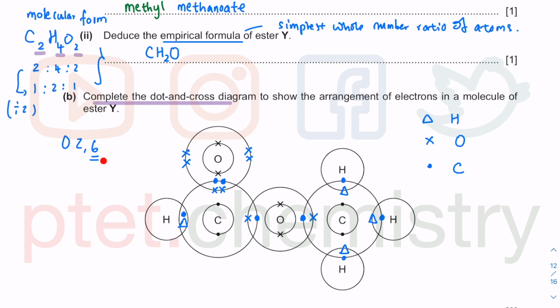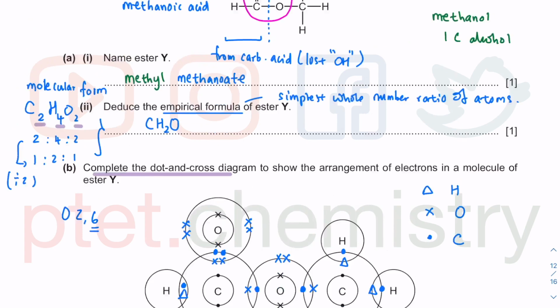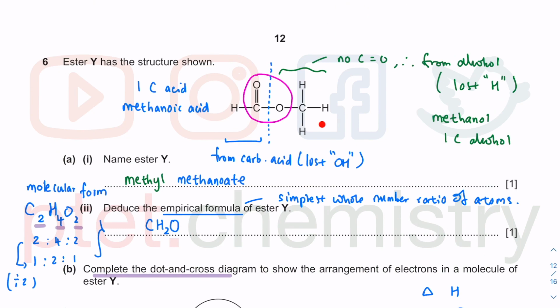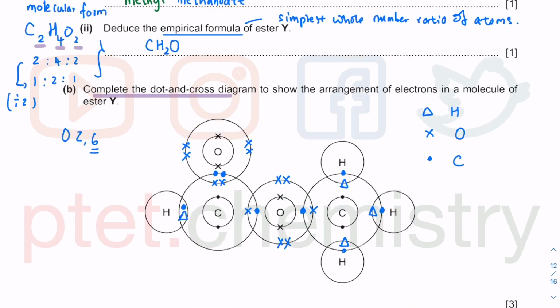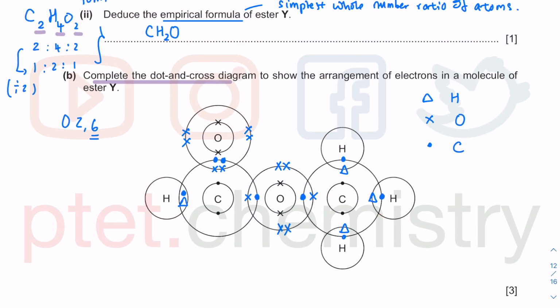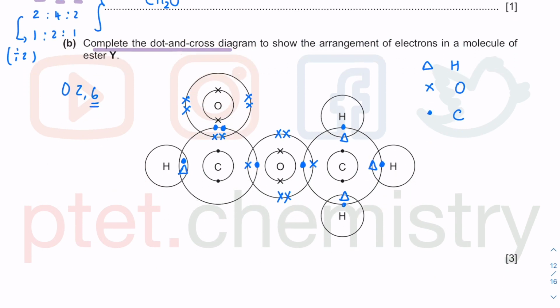Oxygen, 6 electrons in the outer shell. You already use 1 and 2, you're left with 4 more, and you should be able to check that this oxygen has 1, 2, 3, 4, 5, 6 electrons in the outer shell originally. It's just about translating the display formula based on the single and double bond correctly into counting electrons, including the outer shell electrons, for these 3 marks dot and cross exercise.